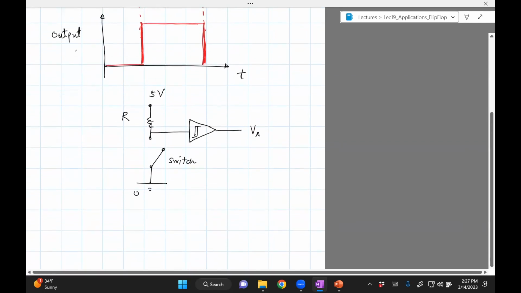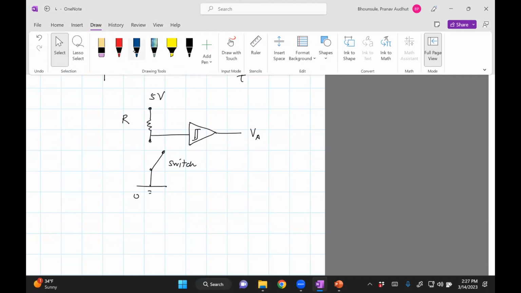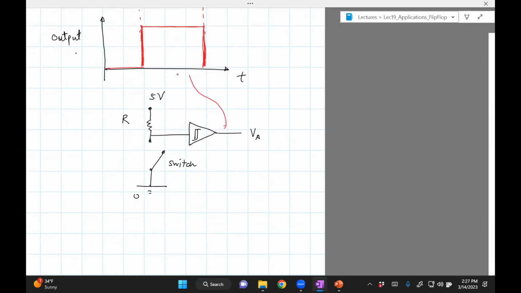That's all. So this output now is going to be something similar to this. There won't be any bouncing. You just go up and down depending on whether the switch is open or closed. Yeah, so you can search for a Schmitt trigger. I did not quite do that research, but you should be able to buy a Schmitt trigger for use in the device if you want to use that.